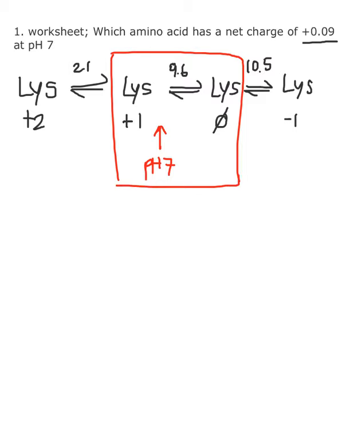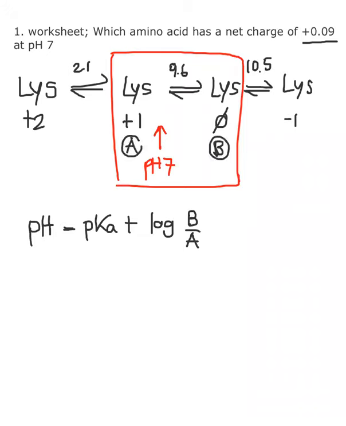To calculate the net charge at pH 7, you have to use the Henderson-Hasselbalch equation: pH equals pKa plus log B over A. B in this case is the neutral lysine, while A refers to the lysine with plus 1 charge. pH is 7, and for pKa we use 9.6 because it's between the forms we focus on.